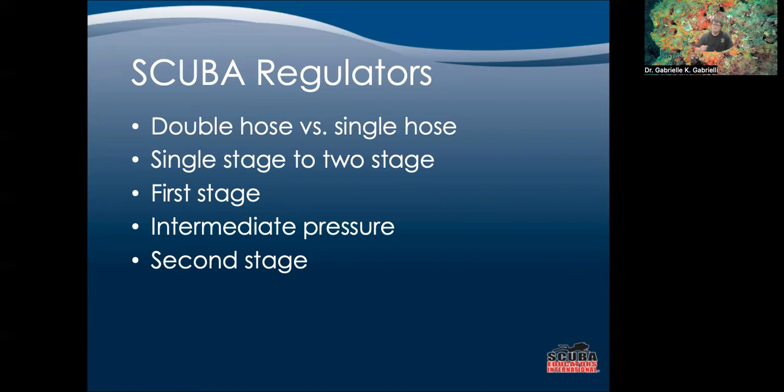Second stage takes the already lower pressure and slightly reduces it to about 1.2 to 1.4 psi. Very small, but it's a lot whenever you press down the purge.